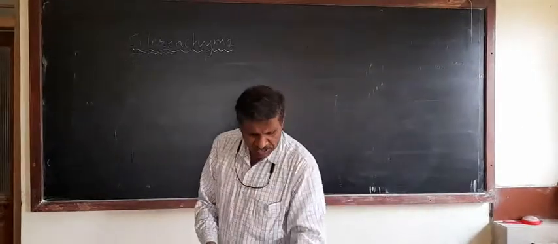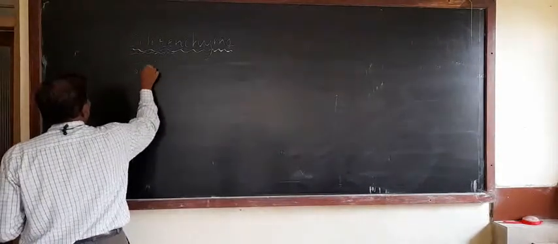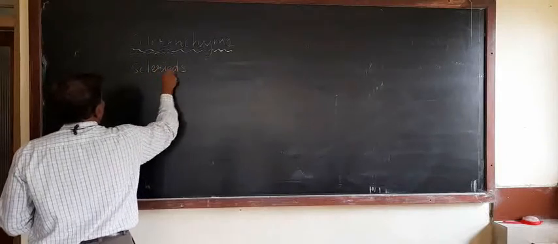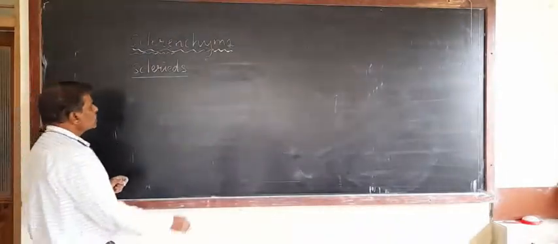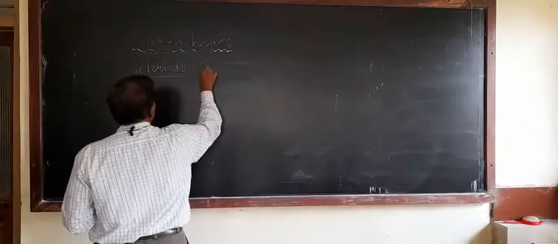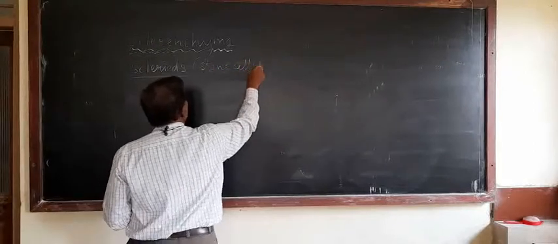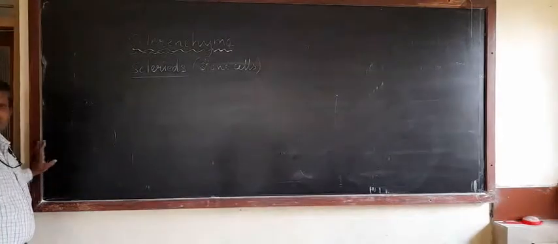We call them sclereids. In other words, these sclereids are also called stone cells. They are as hard as stone.